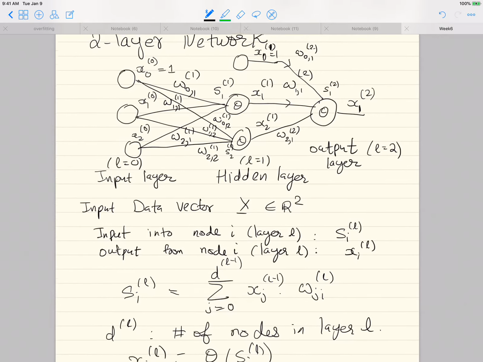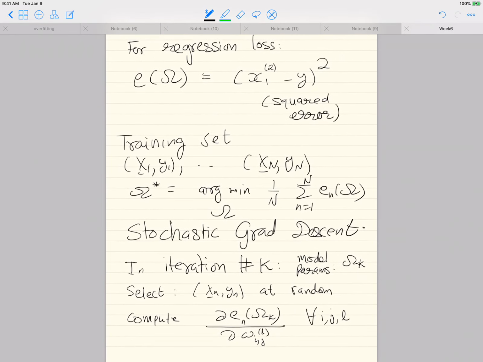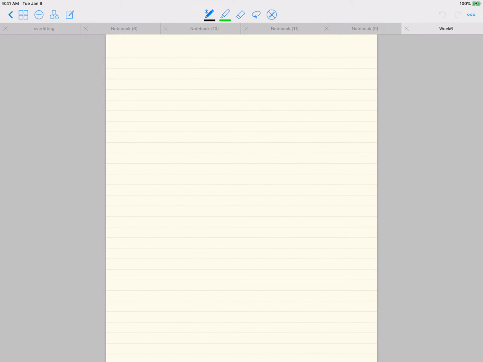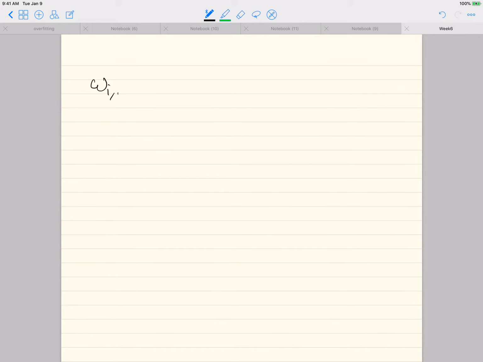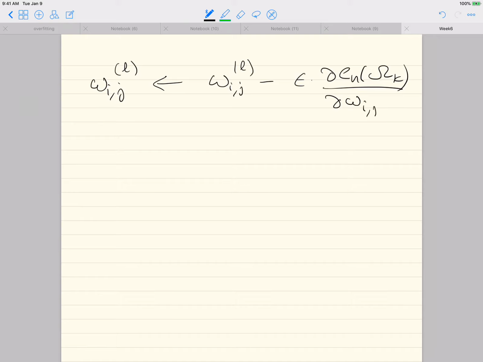But if I do this, then what is the next thing to do in SGD? Why am I computing the derivatives? You update the weights, right? What you do next is you simply do weight updates. Let me write it on this page. w_ij^(l) will be the previous estimate minus some epsilon times ∂E_n(ω_k)/∂w_ij^(l).